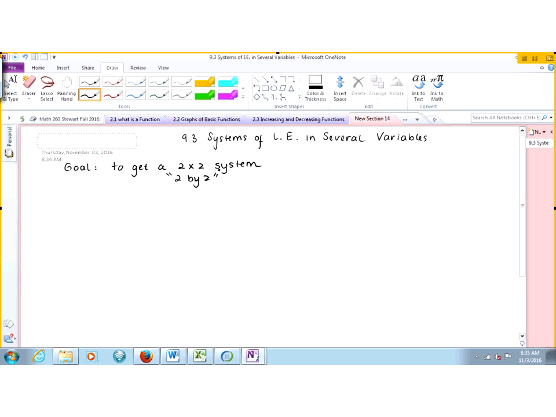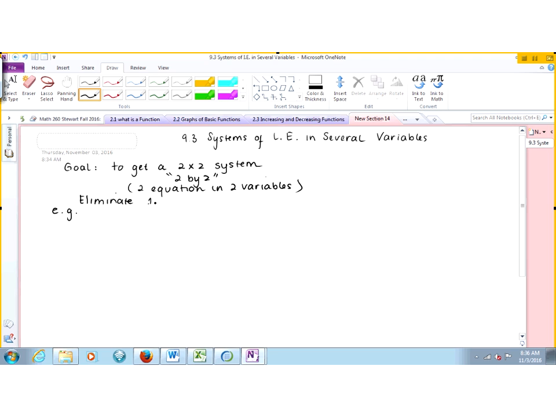When I mean 2 by 2, what do I mean? 2 equations in 2 variables. So that's what we need. For example, then you should do something so that you have a 2 by 2 system. And how do we get there?